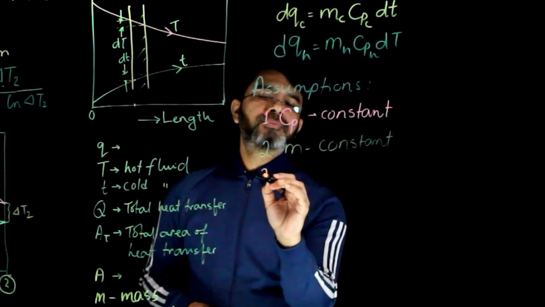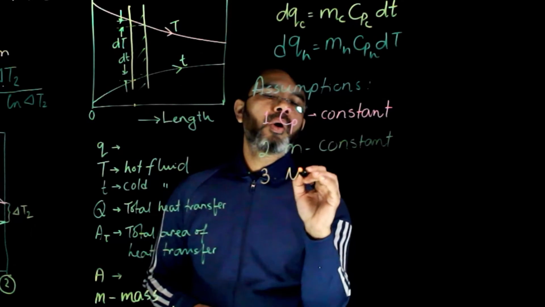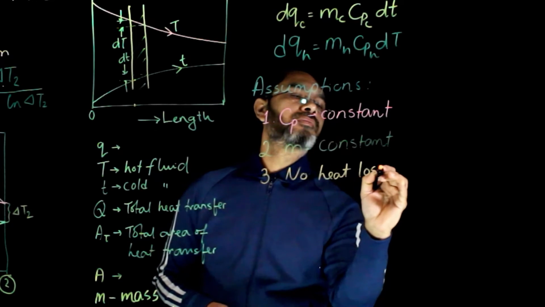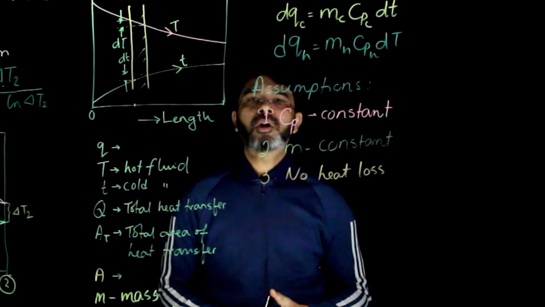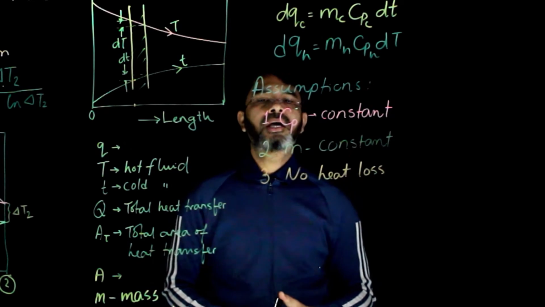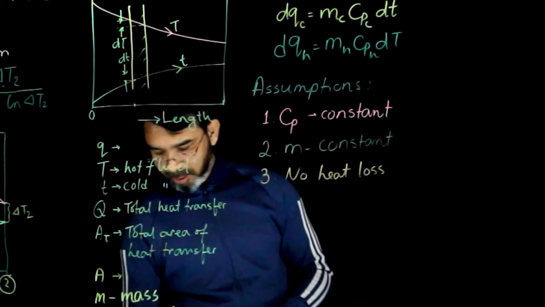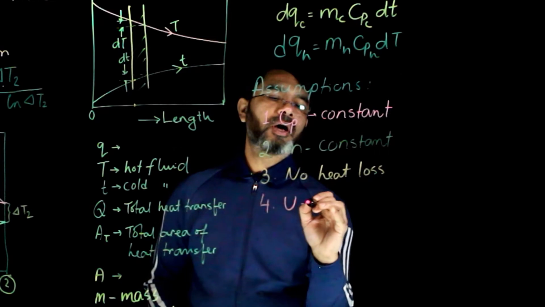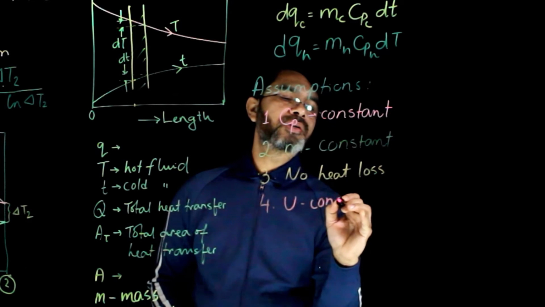Number three, no heat loss. So the amount of heat given by the hot fluid is taken by the cold fluid. And number four, we assume the overall heat transfer coefficient remains constant.